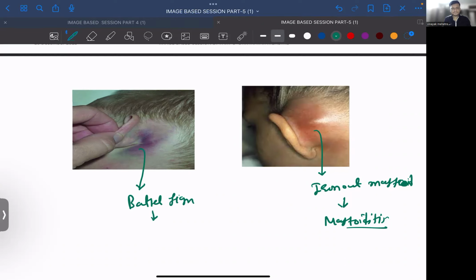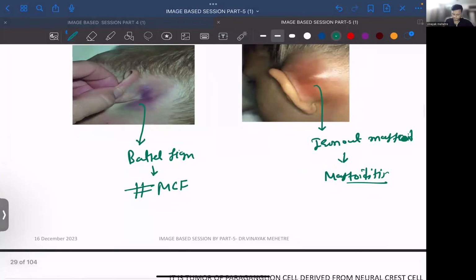It is seen in middle cranial fossa fracture. There are anterior, middle and posterior cranial fossae. In the middle cranium, which bone fracture will be there? That is the temporal bone. Temporal bone fracture. Yes, correct.